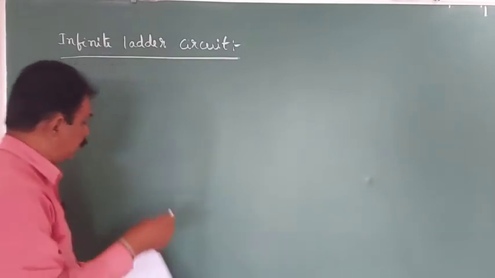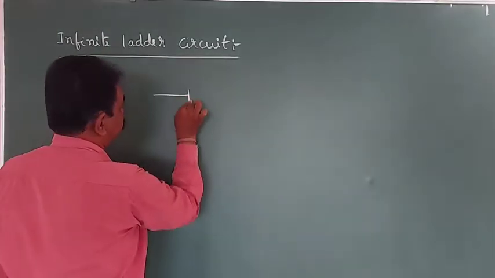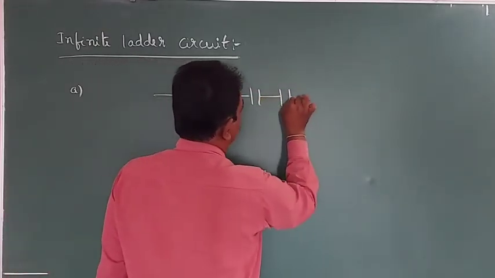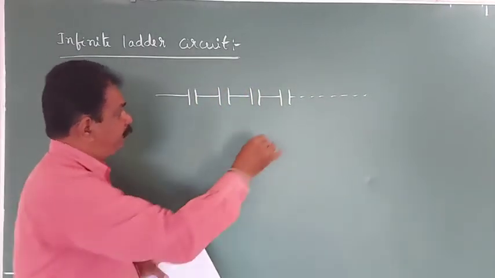See, first one, for example, one circuit is like this. This is an infinite circuit.